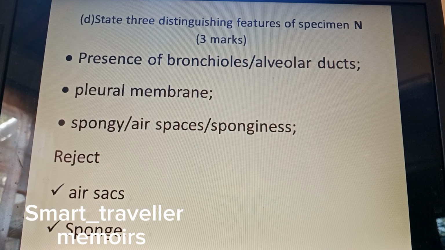So presence of bronchus, presence of pleural membrane, the specimen being spongy, or the specimen having air spaces. Reject if somebody talks of air sacs, or if somebody talks of sponge instead of spongy.